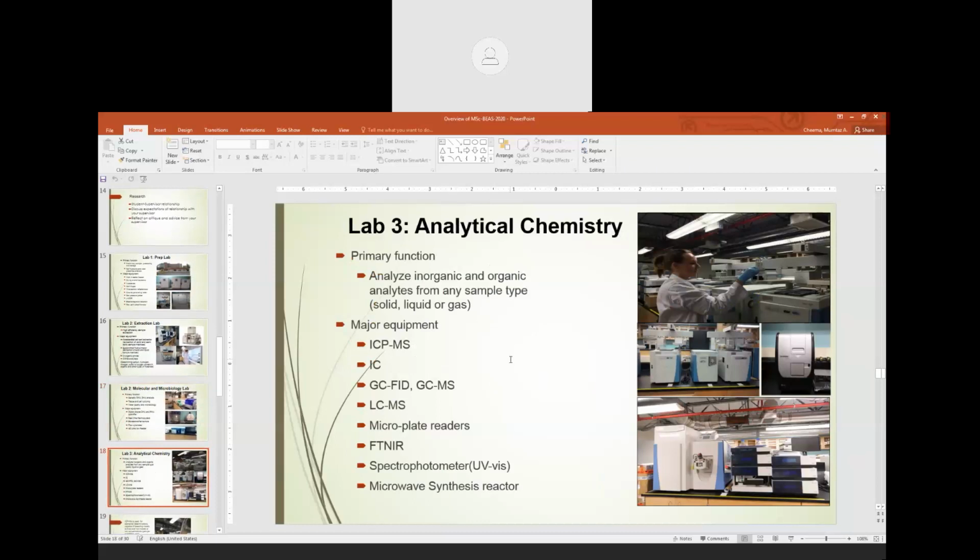If you want to run elemental analysis, the ICP-MS has the capability to, in one go, analyze more than 70 elements. Whatever elements you can find in the element chart in your chemistry, you can run that analysis using this ICP-MS. We don't have the ICP-OES, but we have the ICP-MS. So through this machine, you can run all more than 70 elements in one go.